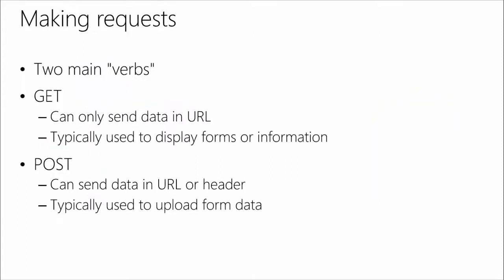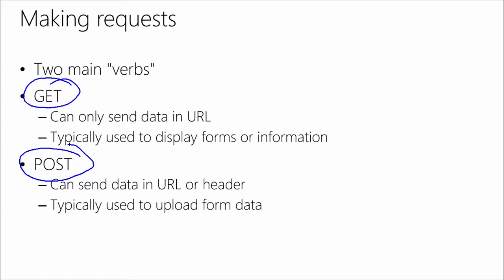That's going to be based on two what are known as verbs, which are GET and POST. A lot of times when people hear GET and POST, they automatically assume, and this is fair, and I've got to be honest, I did this as well, because it sort of makes sense that when you hear GET, you're thinking I'm getting information, and when you hear POST, you're sending information.